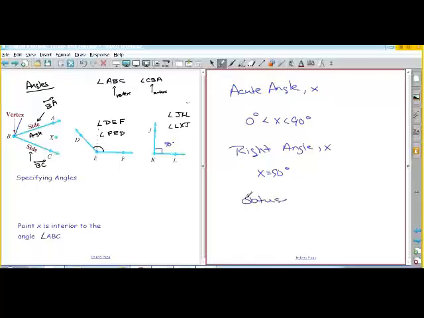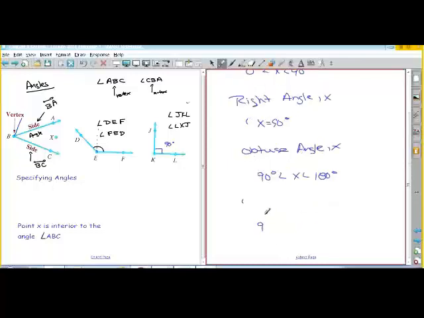So an obtuse angle is where the angle is greater than 90 but less than 180 degrees. Does anybody know what it is when the angle is equal to 180 degrees? Straight angle, right?